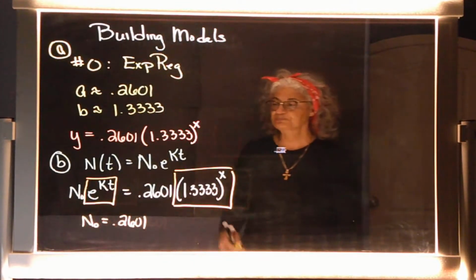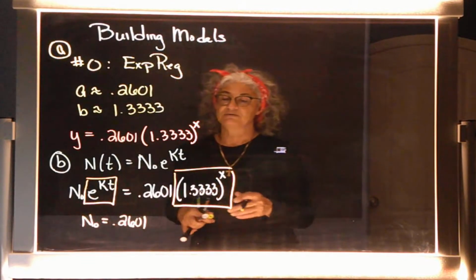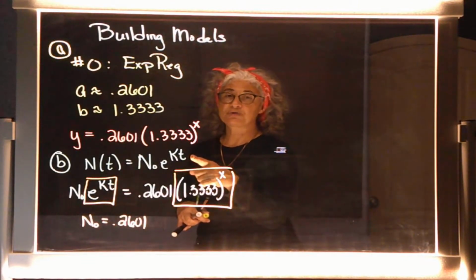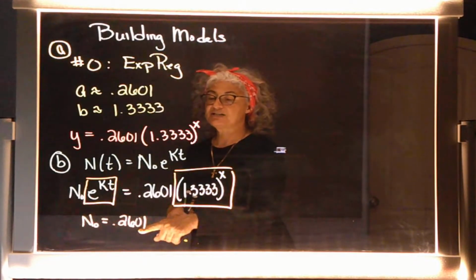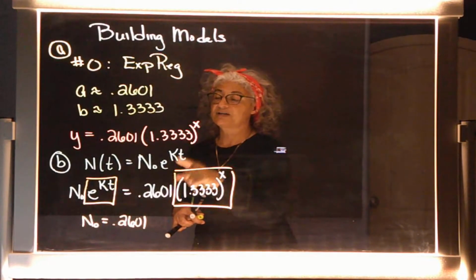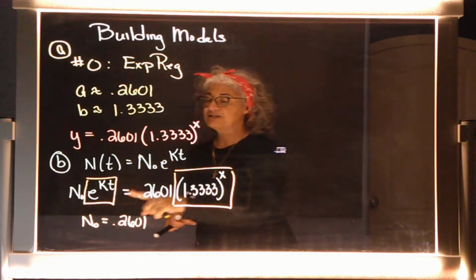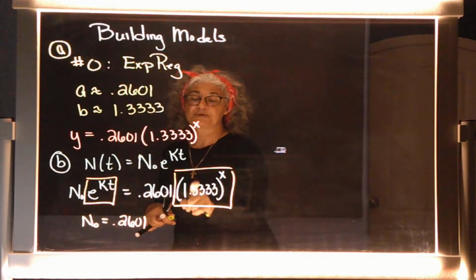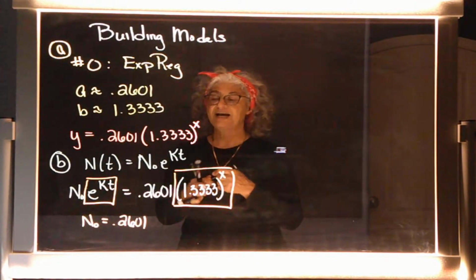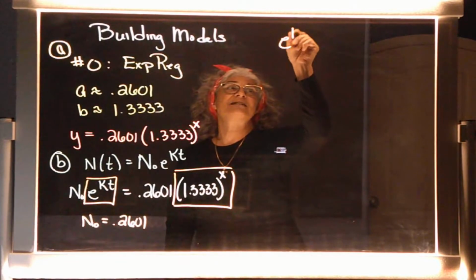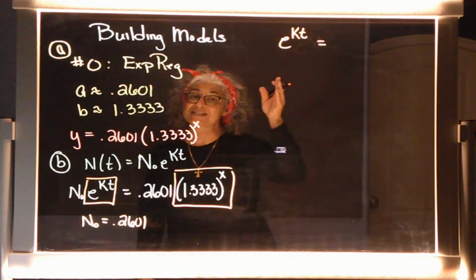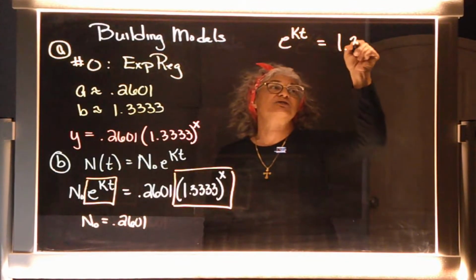Good? Okay. Now, you know as well as I do, to write this growth model, I need not only the initial amount, but I need the k. I need the rate, don't I? So remember what we just said. We have these two exponential parts that are supposed to be the same. So I'm supposed to have e to the kt, because this is what it looks like if they're supposed to be equal. Exponential should be equal to exponential, right?